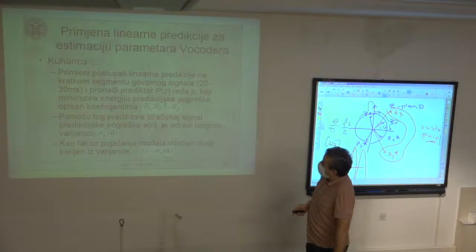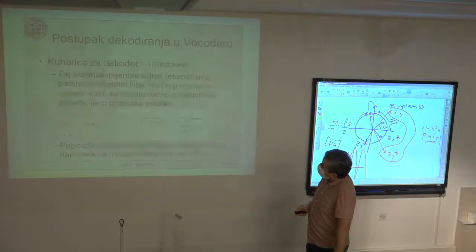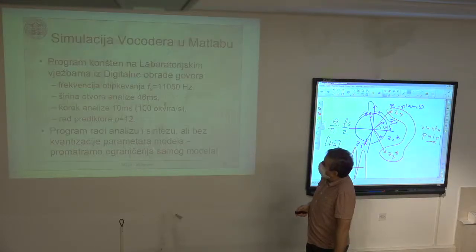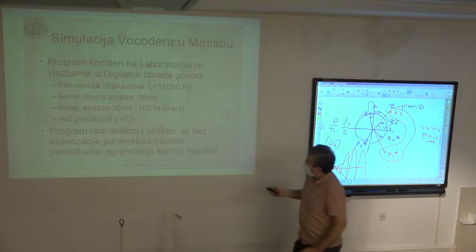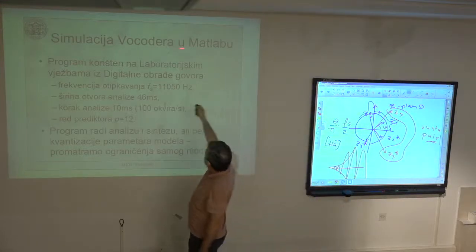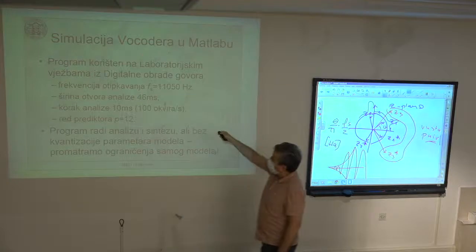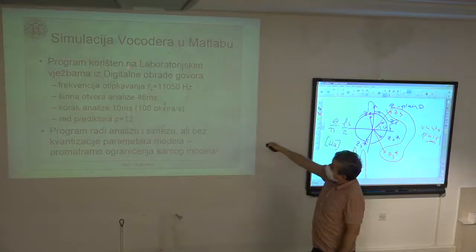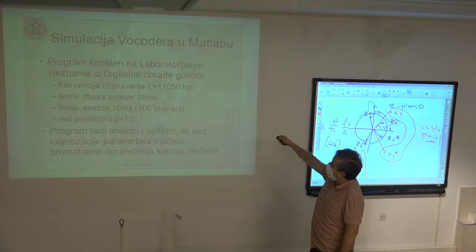I will now show how this actually works. Simulation of vocoder was done in MATLAB. The actual program was prepared for the laboratory exercises of the course Digital Speech Processing.